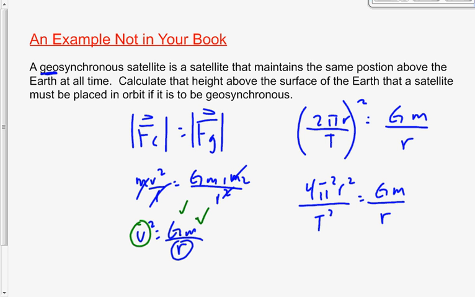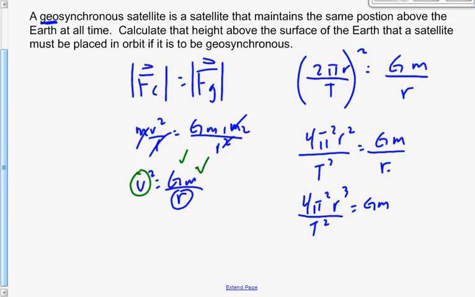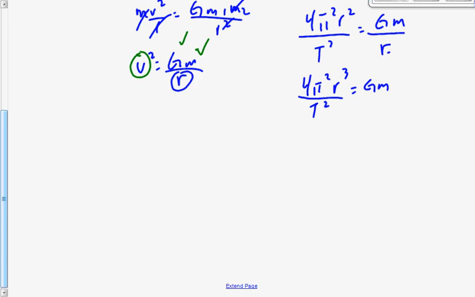We want to find R. So let's get all the R's together. Let's take this R up to the top by multiplying. It becomes 4 pi squared times R, oh my goodness, R cubed over T squared. Let's get R, I was going to say let's get R by itself.